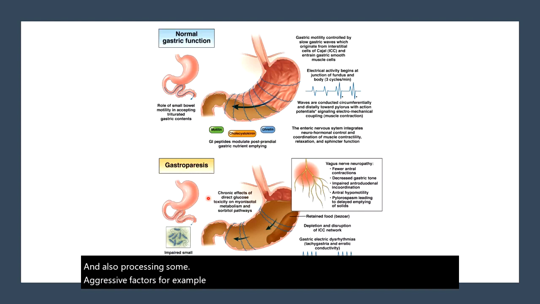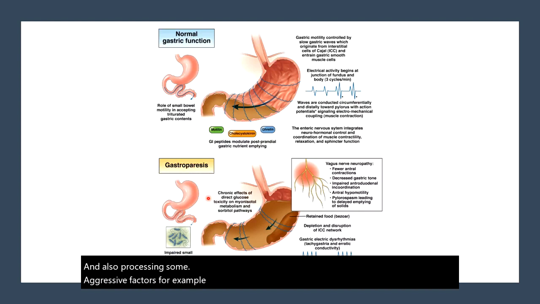So in the case of patients with poorly controlled diabetes, type 1 or 2, high levels of glucose are going to be responsible for damaging fibers of the vagus nerve, but also for damaging ganglion cells present in the muscular and other layers of the gastrointestinal system.